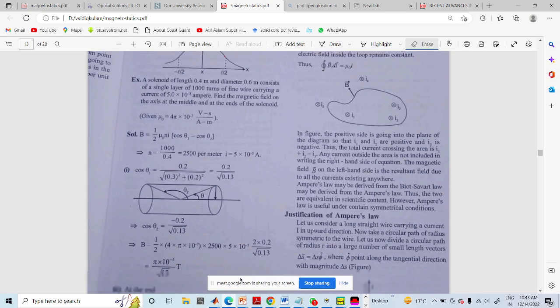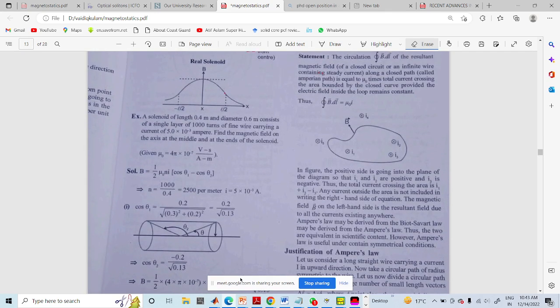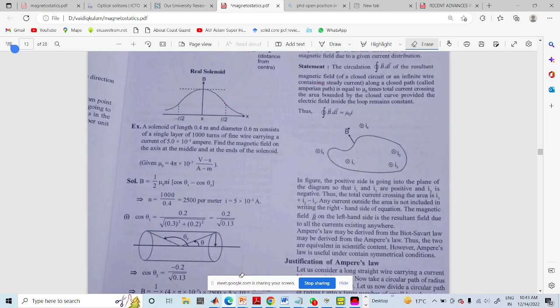Fine. So now there are some questions. Here a solenoid of length 0.4 meter and diameter 0.6 meter consists of a single layer of 1000 turns of fine wire carrying a current. Find the magnetic field on the axis at the middle and at the ends of the solenoid. Clear?